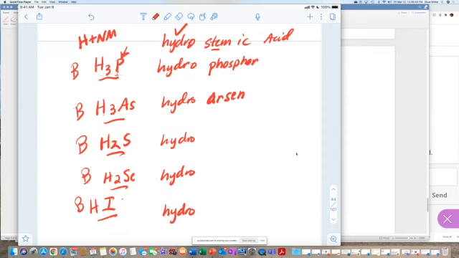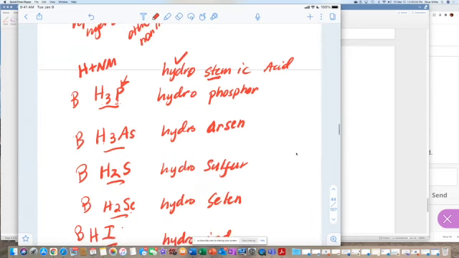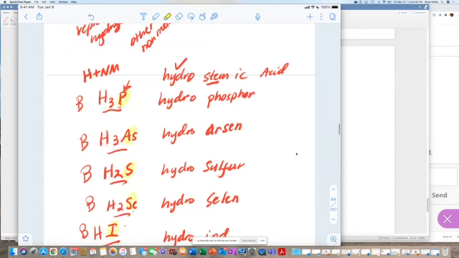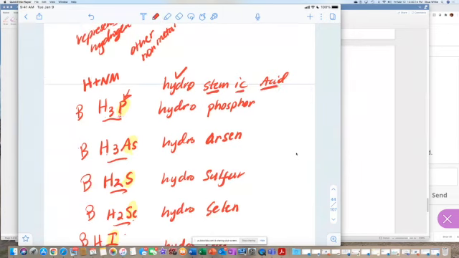So phosphor, arsen, and then what is this? S is modified, sulfur. Se is selen. I is iod. So I got the stem word for all of these second nonmetals if they were in an acid. Then I have ic acid.